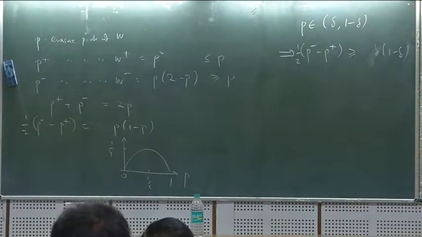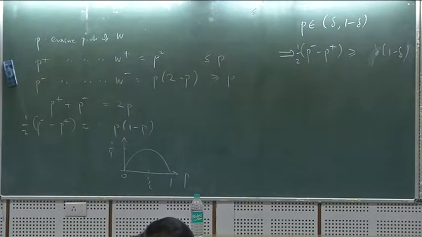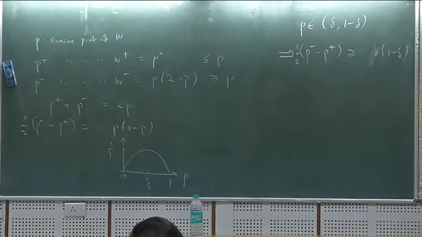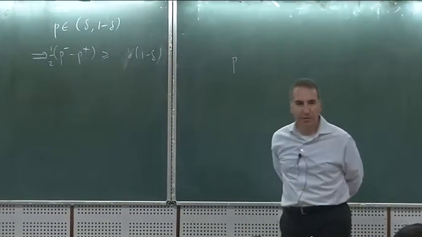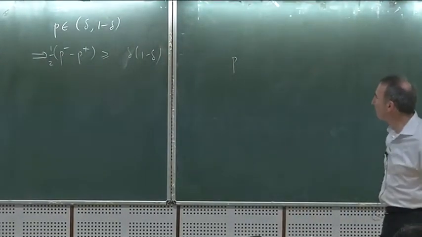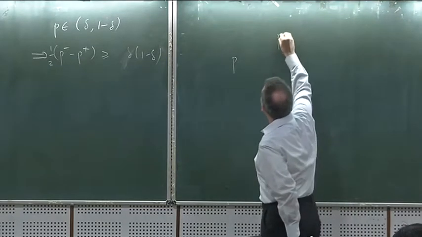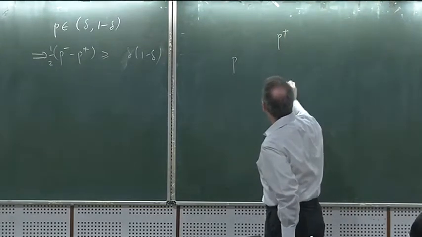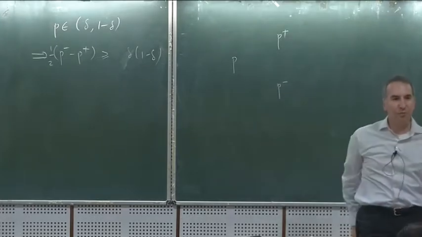Okay, all right, good. Now what I'll do now is the following thing. I'll create a table. In the beginning, I start with P. Then I have here P plus and P minus. This is the next column of the table.